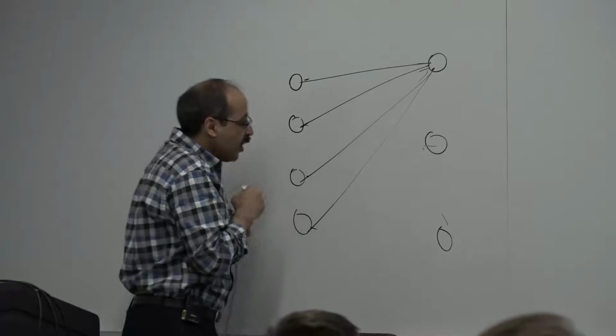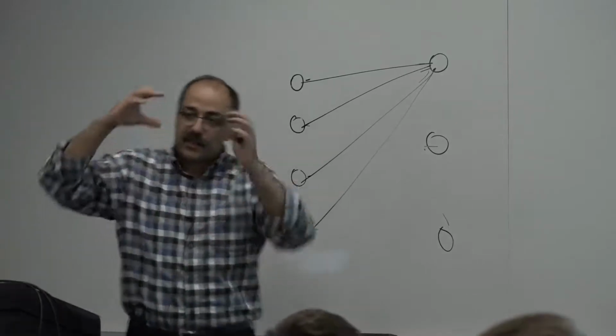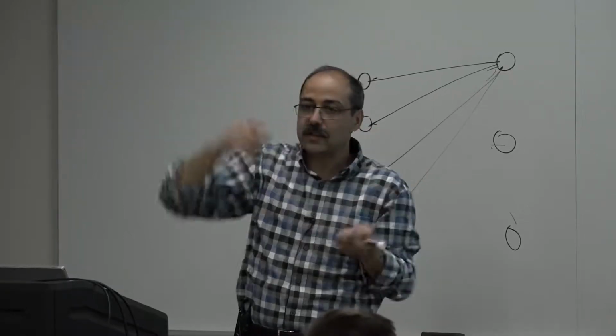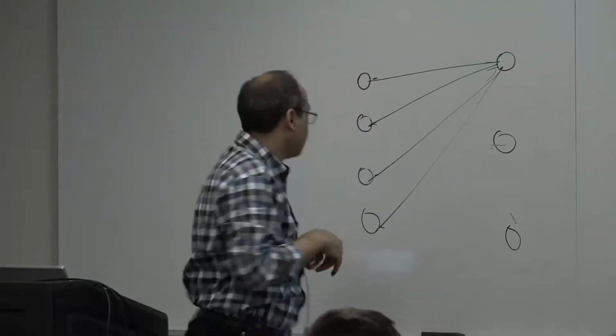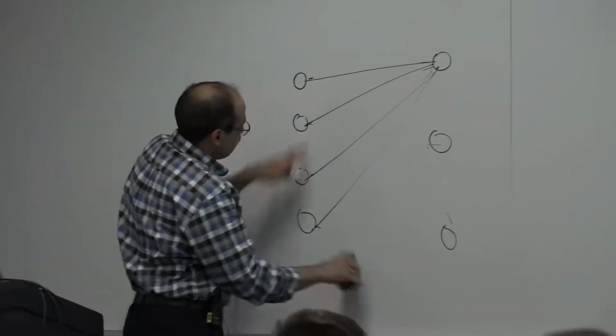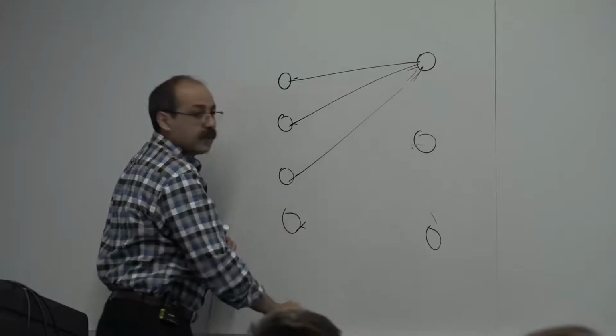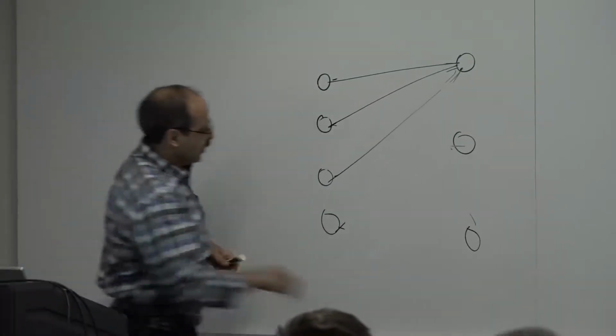But if the size of the kernel is smaller than the size of the image, which is the case in a convolutional neural network, where we had, for example, a 3 by 3 kernel here, it means that I'm not using all of these weights. So the size of the kernel is smaller.